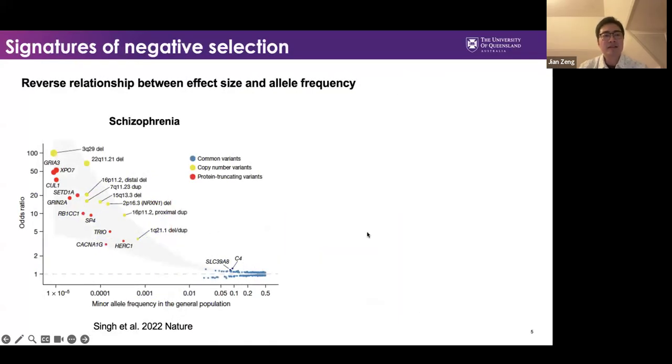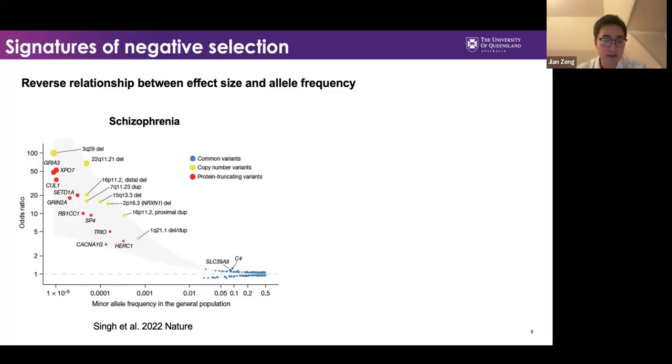So that leads to a signature of natural selection if the trait-associated variants are likely to be deleterious mutations. The mutations with larger effect on the trait are likely to be more deleterious. Therefore, under natural selection, we expect them to be kept at a low frequency.